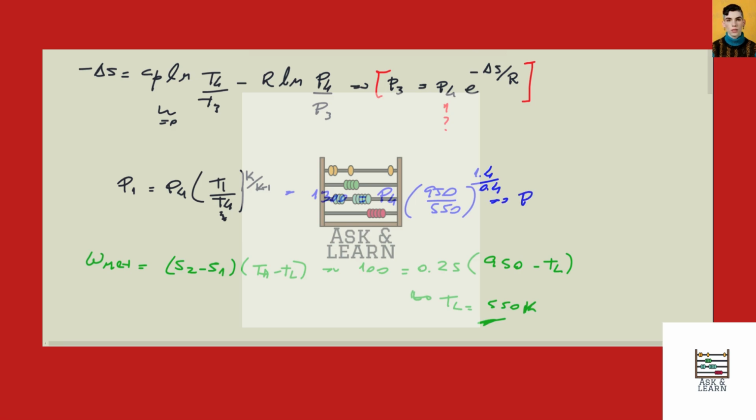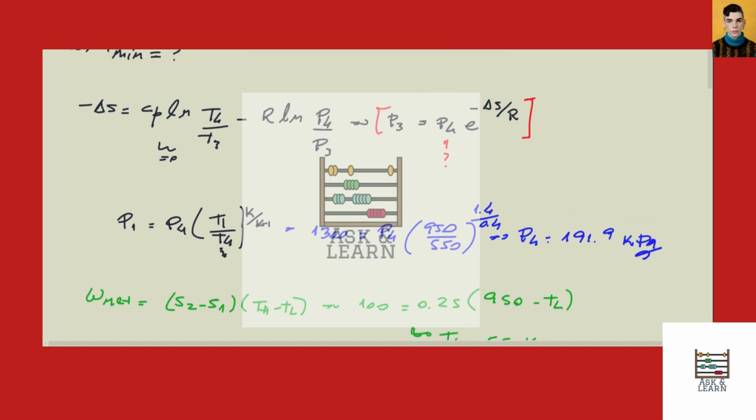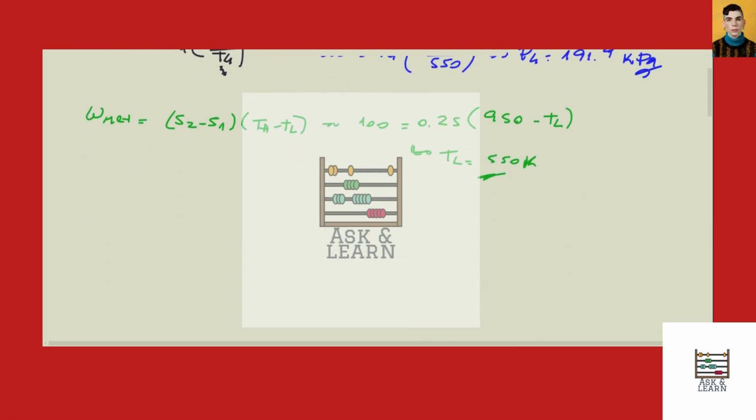Therefore, from here we take that the pressure 4 is just 191.9 kilopascals.